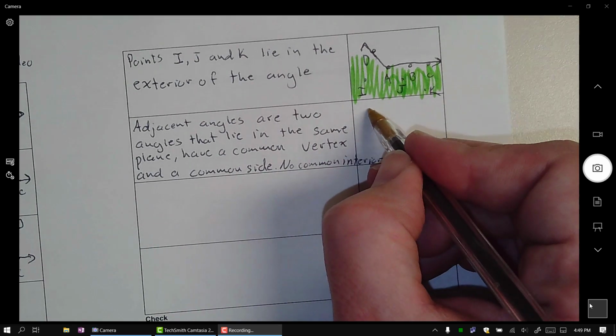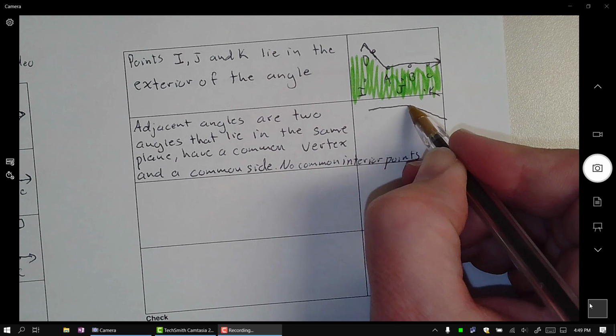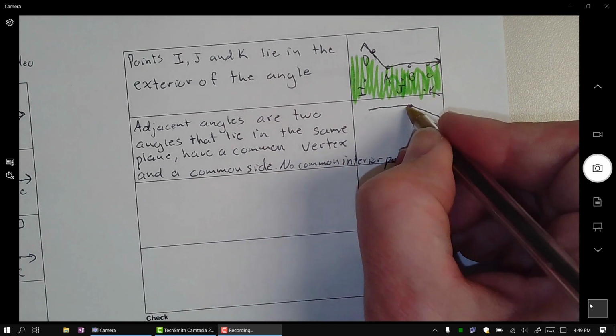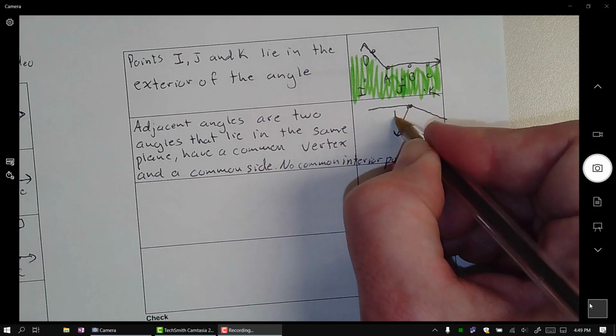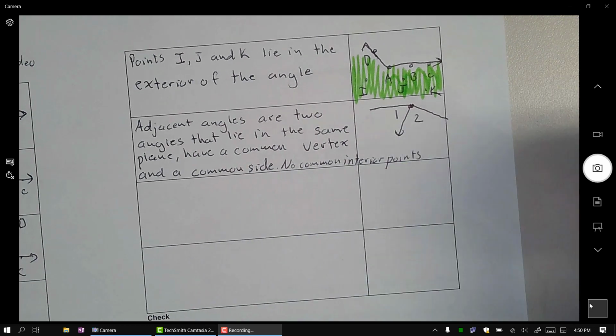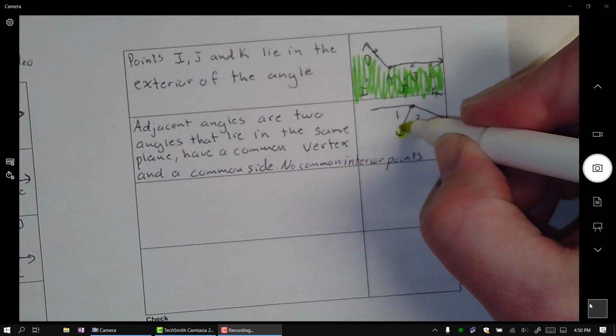So that would be like this. So this is angle 1 and angle 2. So my common side would be right here.